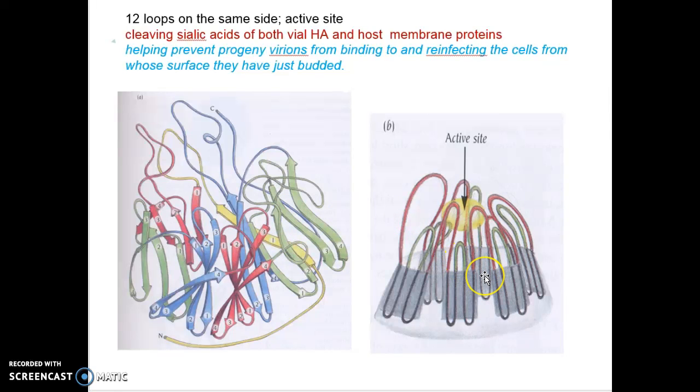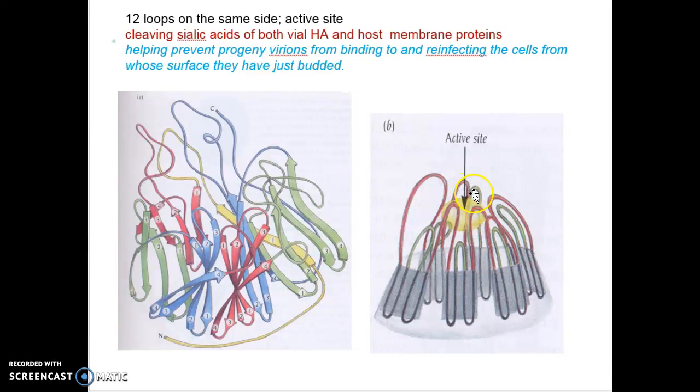This is just a simplified version of this structure. One side end shows the long stretch of loops where the active sites are positioned. Compared with the other side, just short loops are connecting the betas.